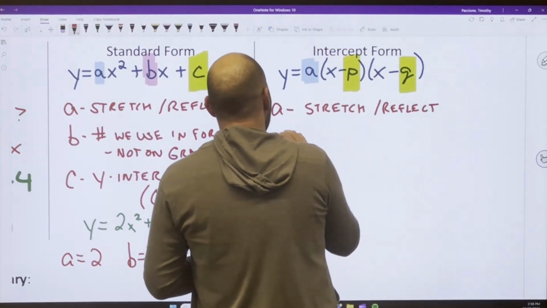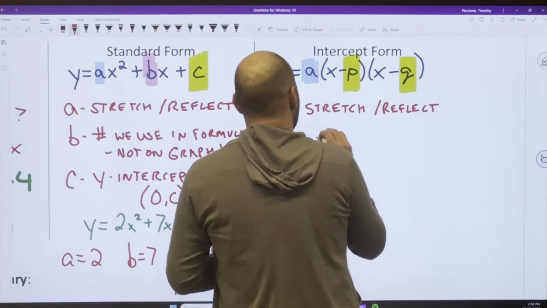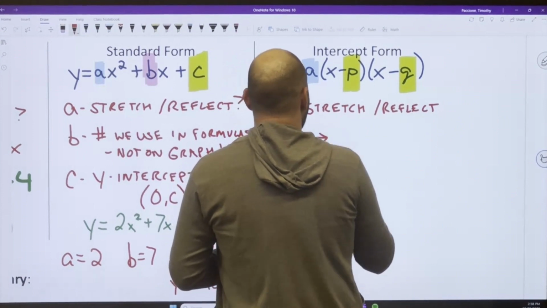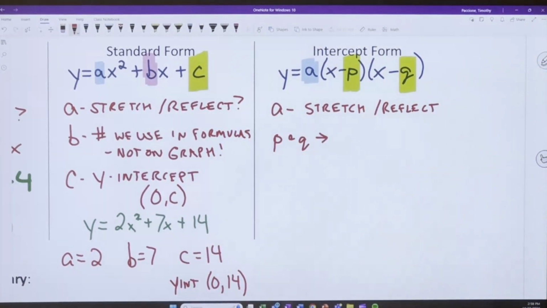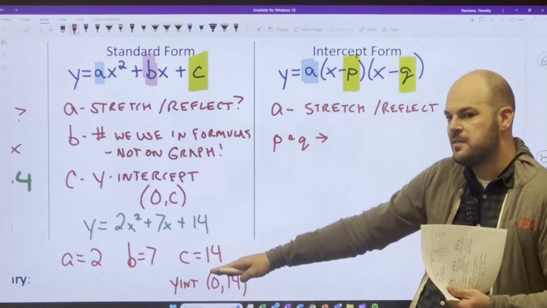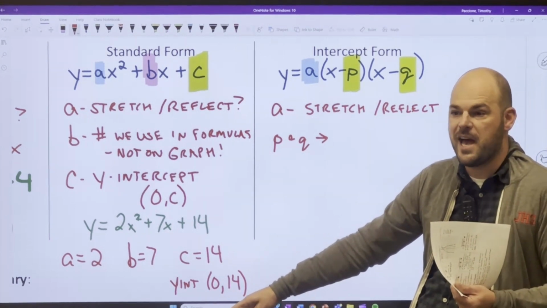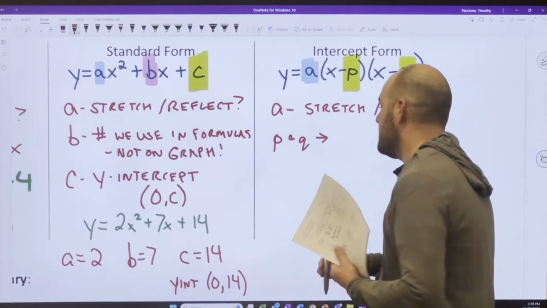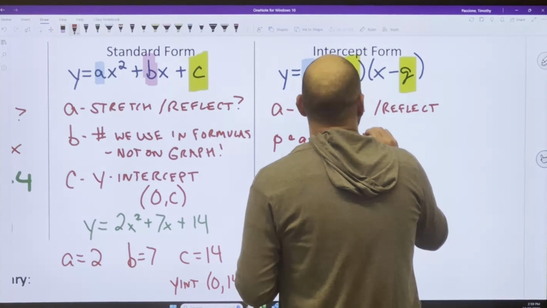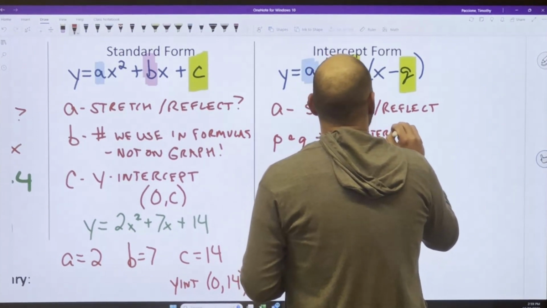And then our P and Q, I highlighted them with the same color because they're related to each other. Anybody have a guess? Nope, not our y-intercept, but close. Is that the only axis we got? They're the x-intercepts, right? Think about a parabola.